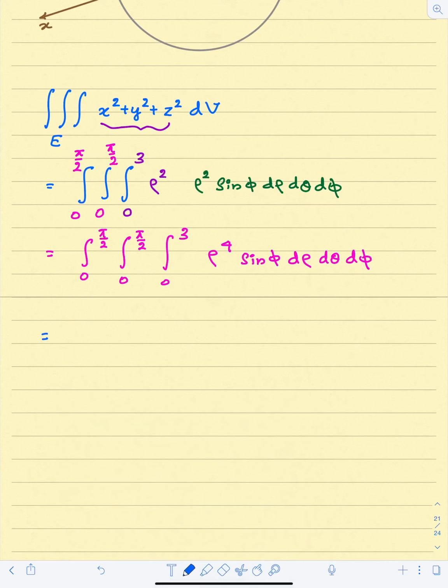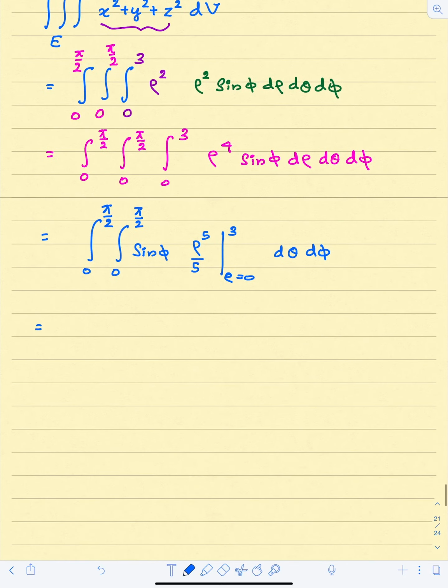The integral of rho to the power 4 is rho to the power 5 over 5. Lower limit is 0, upper limit is 3. Then you have d theta d phi. I forgot to write the sine phi term. So we have sine phi, 0 to pi over 2, 0 to pi over 2.